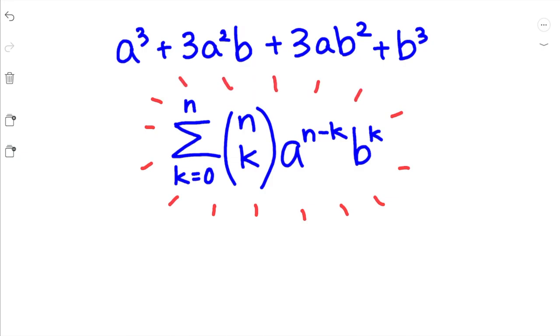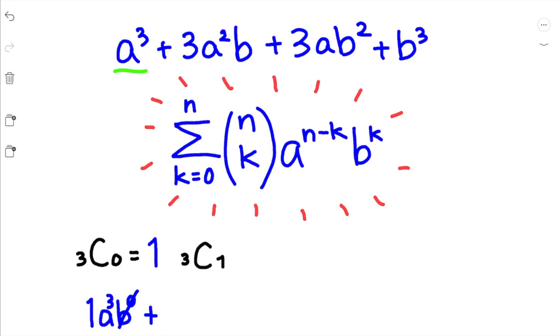So if we use the exponent of 3 and redo this all again, the first term, 3 choose 0, coefficient is 1, multiplied by this, which we've established earlier that a has the exponent of 3 and b has 0, plus the second term, k equals 1, 3 choose 1, coefficient is 3, a has the exponent of 2 and b has 1.